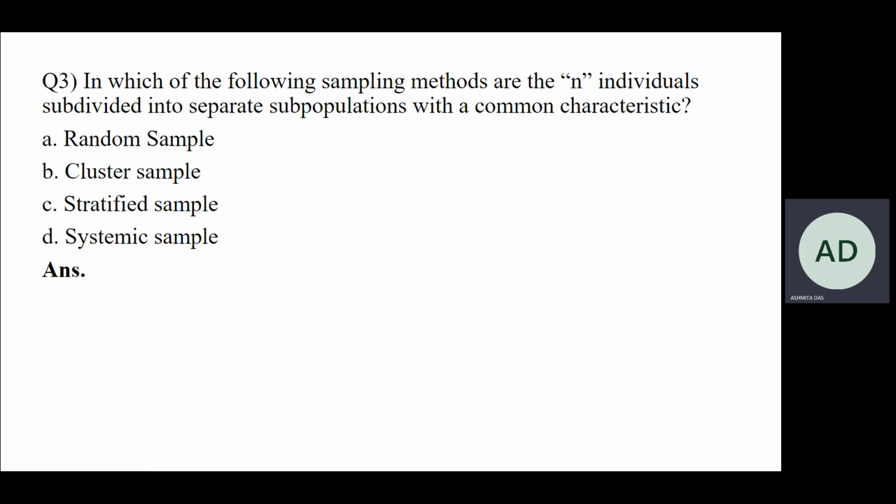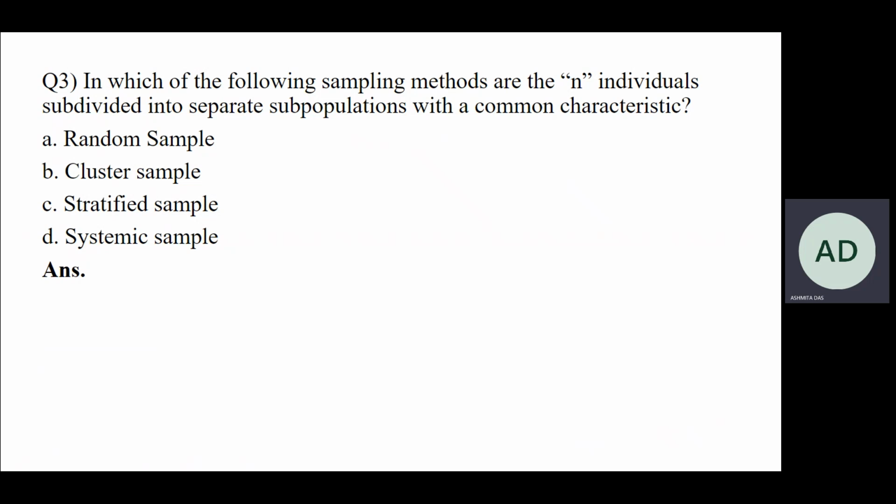For sampling, there are four methods. First one is random sampling. In random sampling, we select the individuals randomly from a population. We should not follow any proper system, just randomly we select. The next one is cluster sampling. In cluster sampling, we create different clusters, and within a particular cluster there is heterogeneity of the people.